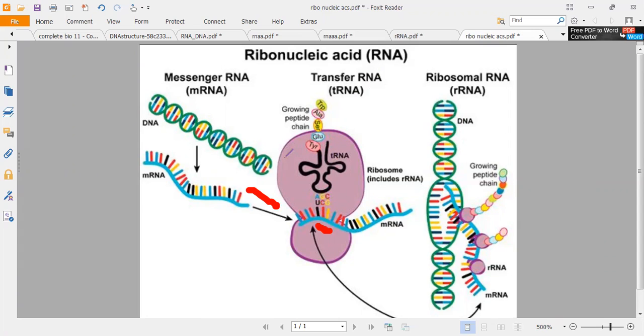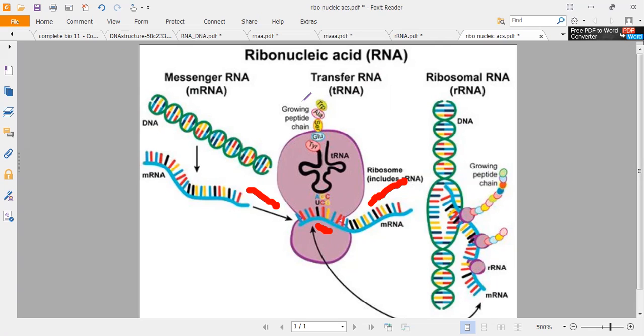Then this transfer RNA will be removed from here, and the next transfer RNA will attach at the next codon. Messenger RNA will also move outward in this direction, and like that every amino acid attaches and makes the polypeptide chain for one protein.